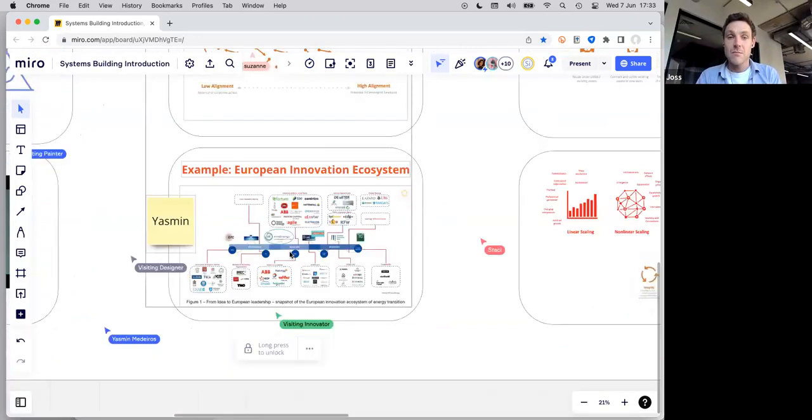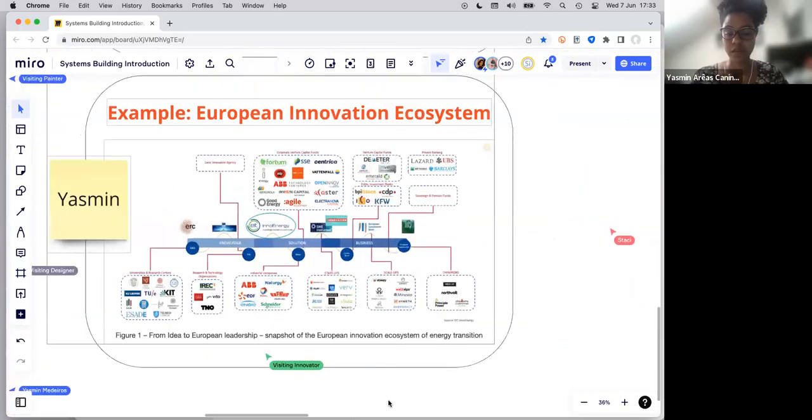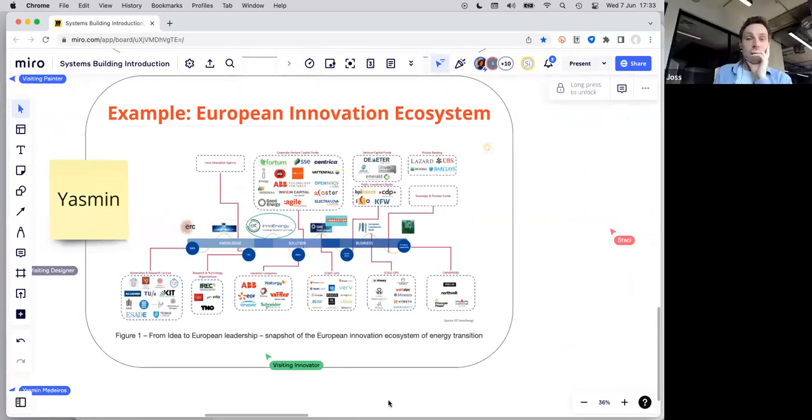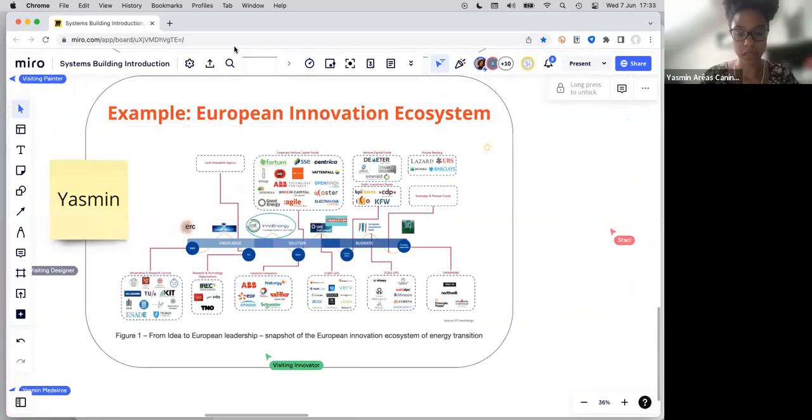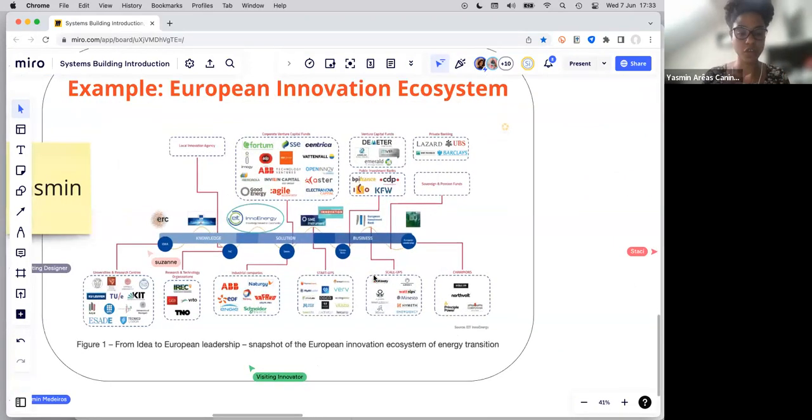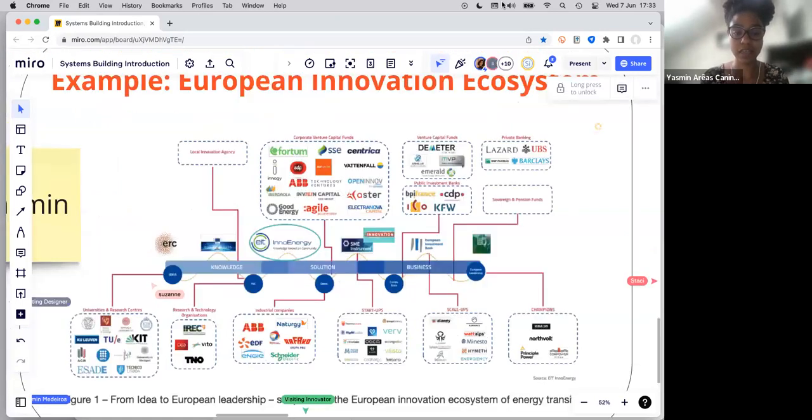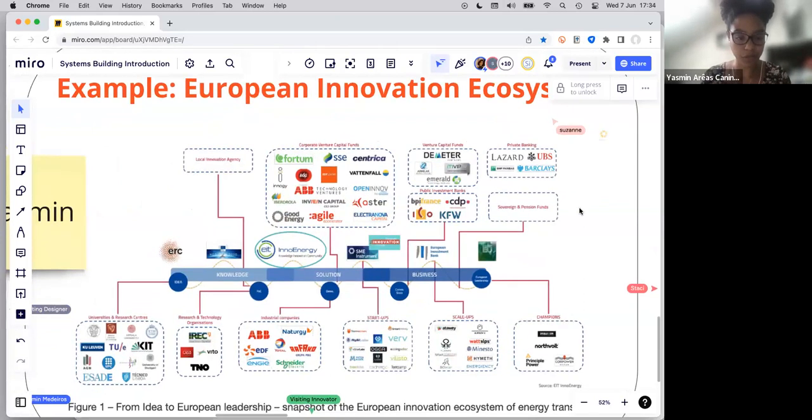Okay, so as an example, there's this graphic here, a snapshot of the European innovation ecosystem on energy transition. The European Union had this goal of making Europe the first carbon neutral continent by 2050.